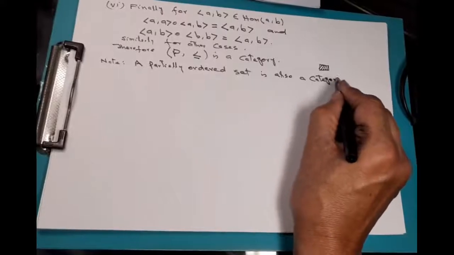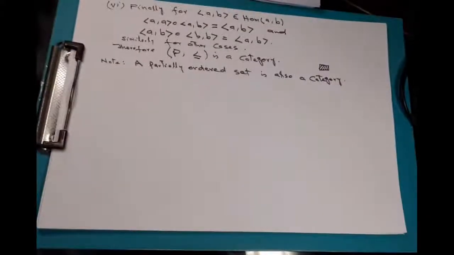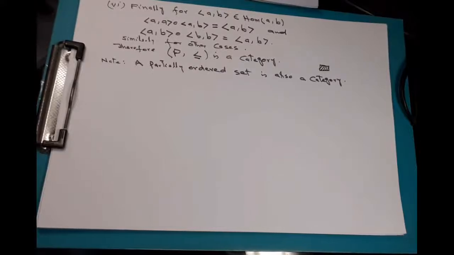Let me recall that if you include anti-symmetricity as a condition with the two conditions of a pre-ordered set, then that pre-ordered set becomes partially ordered. When the set is pre-ordered, there are only two conditions, reflexivity and transitivity, while for a partially ordered set, there are three conditions: reflexivity, transitivity, and anti-symmetricity. So a partially ordered set is also a category.